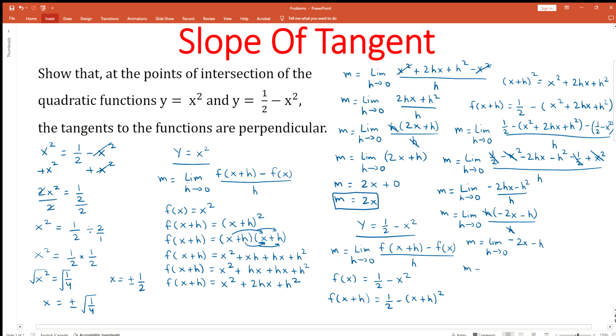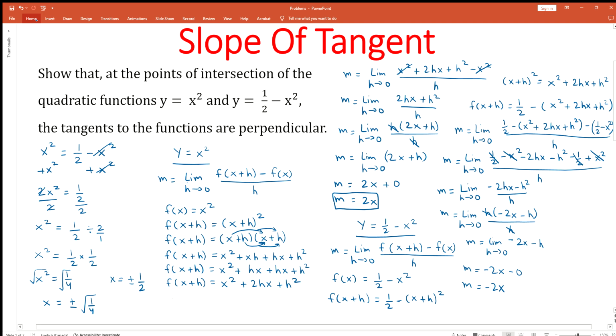We should sub in h as 0. I get m equals negative 2x. This is the expression for slope of tangent to the quadratic function y equals 1 over 2 minus x squared. Now we can use the x values we got for the points of intersection to check whether the tangents are perpendicular at these x values.